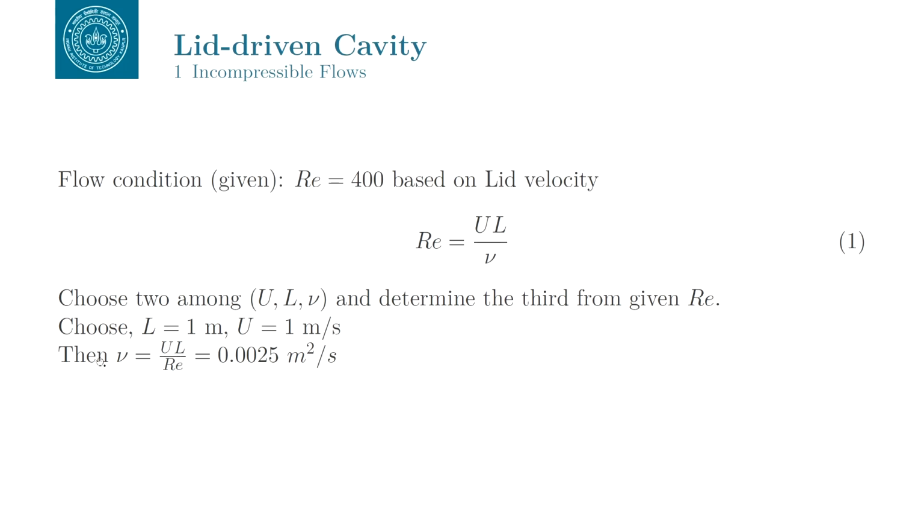Accordingly you get the kinematic viscosity from the Reynolds number, because nu is U L by Re. If U is 1 and L is 1, then it becomes 1 by 400, that is 0.0025 meter square per second. If you take U equal to 10, it becomes 0.025. You can take any value you want, but you have to make sure the Reynolds number is 400.